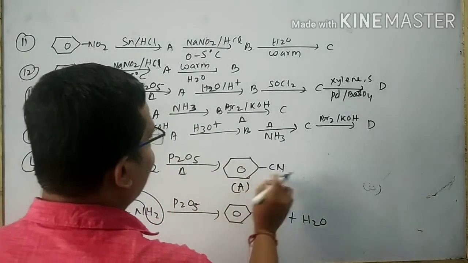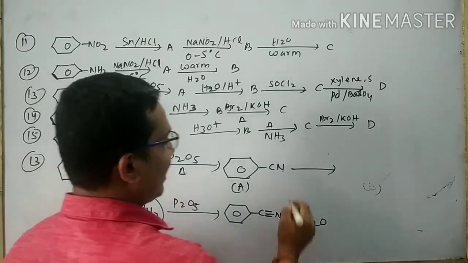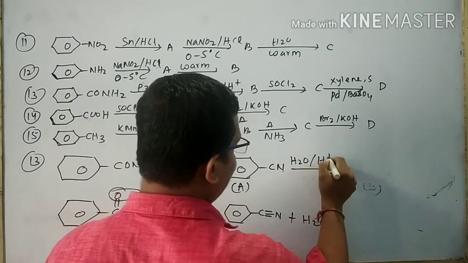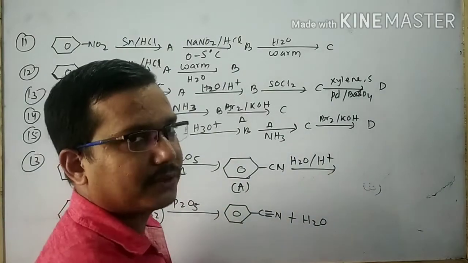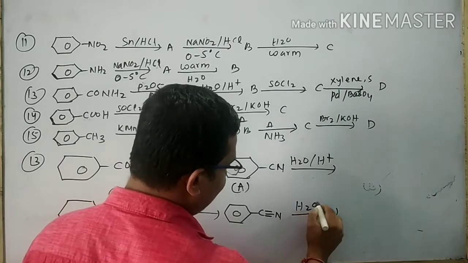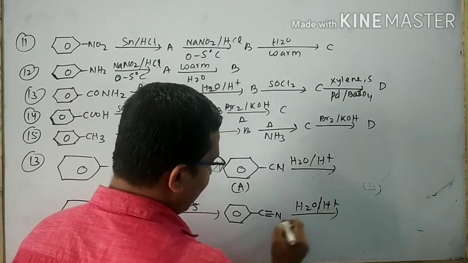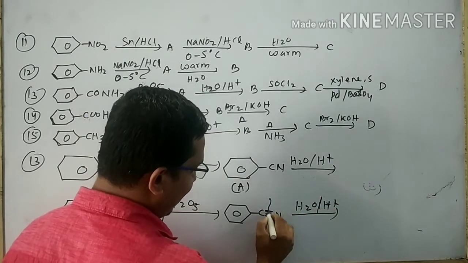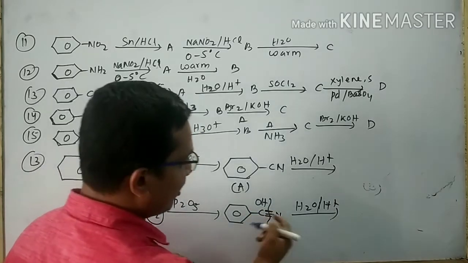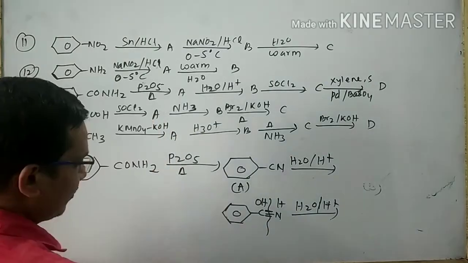The cyanobenzene is again subjected to reaction with water, that is acidified water. That means we can think about the acid hydrolysis of cyanobenzene. If the cyanobenzene undergoes acid hydrolysis, then I can break the pi bond like this and OH will be given to the carbon atom and hydrogen atom will be given to the nitrogen atom.